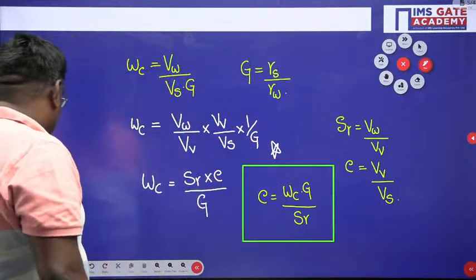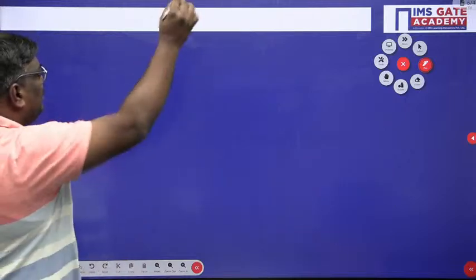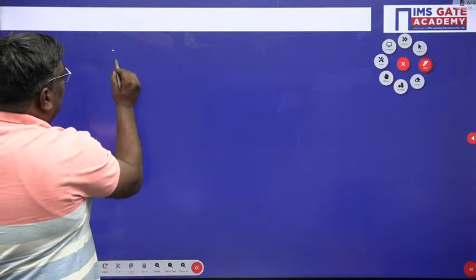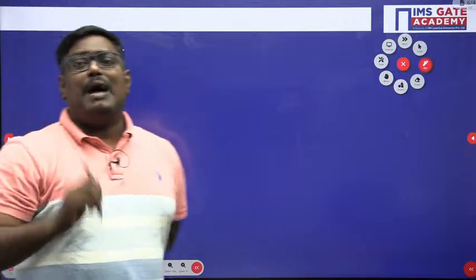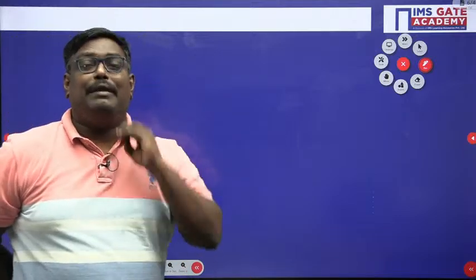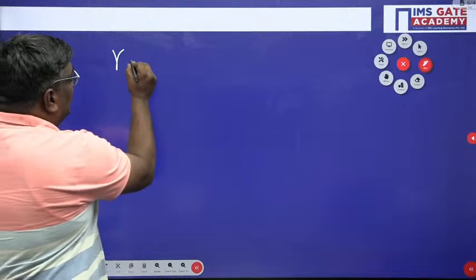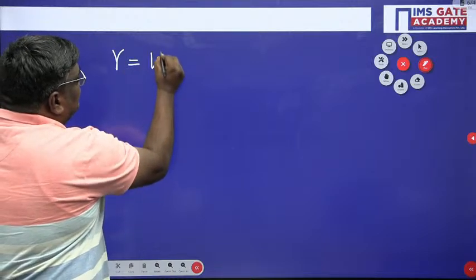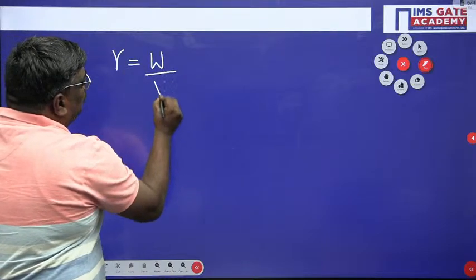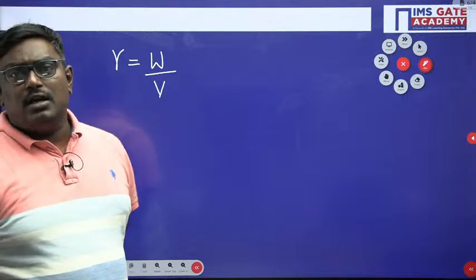Now let us go into the next one. So here, my dear students, what is gamma? We call gamma the bulk unit weight. When I term bulk unit weight, it is defined as the total weight upon total volume. Agree, my dear students? Yes or no?